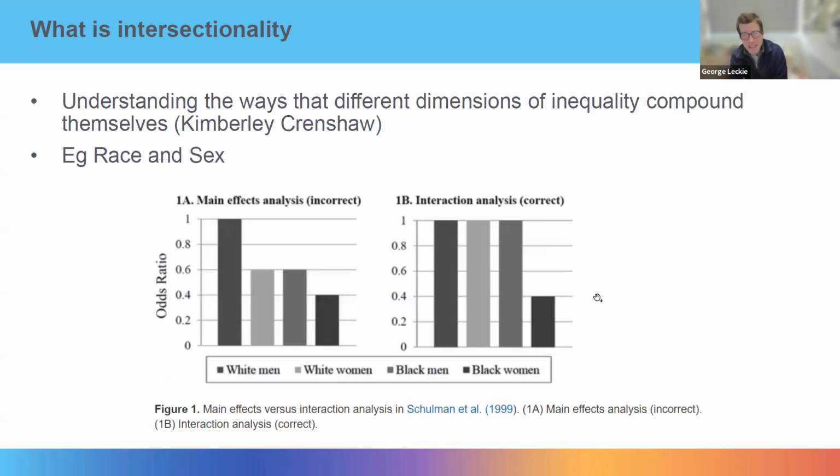So to make that clearer, let's go back to the graph that Andy showed in the previous presentation. Essentially, what we're doing here with a traditional linear regression with main effects is the analysis on the left. Okay, so we've implicitly done this kind of analysis.